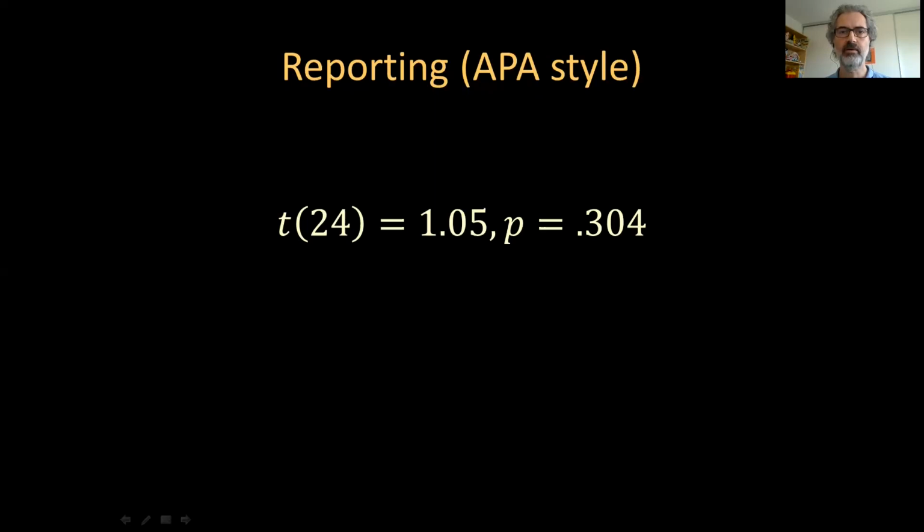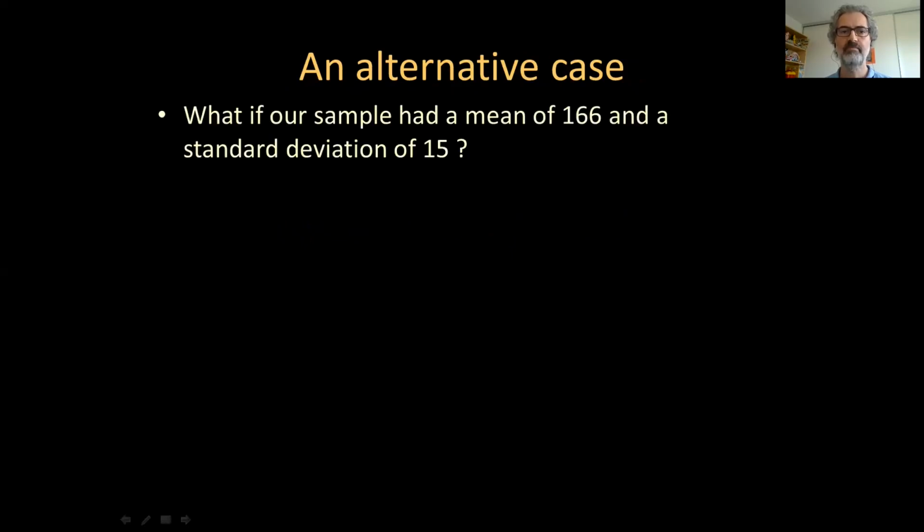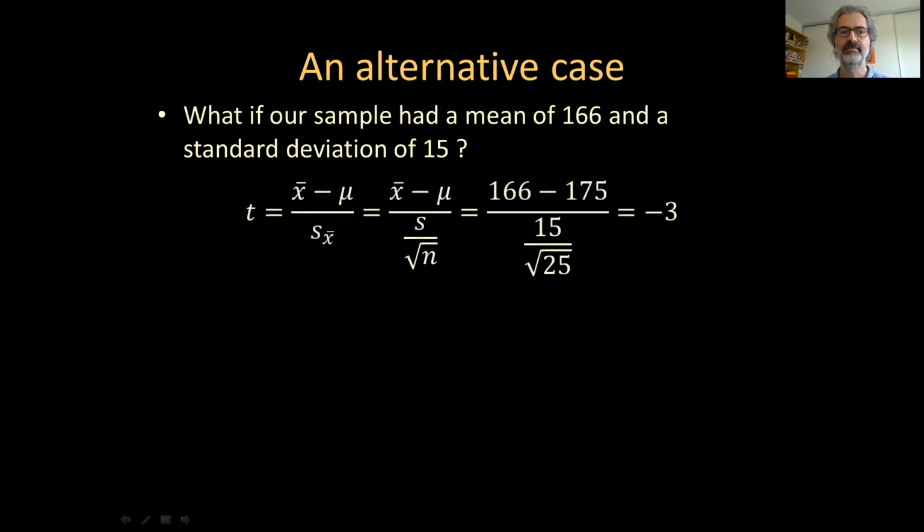Let's do another quick example just for a little extra practice. Imagine that we had a sample with a mean of 166 and a standard deviation of 15. Can this sample have been sampled from a population with a mean equal to 175? Well, we can run our t-test.